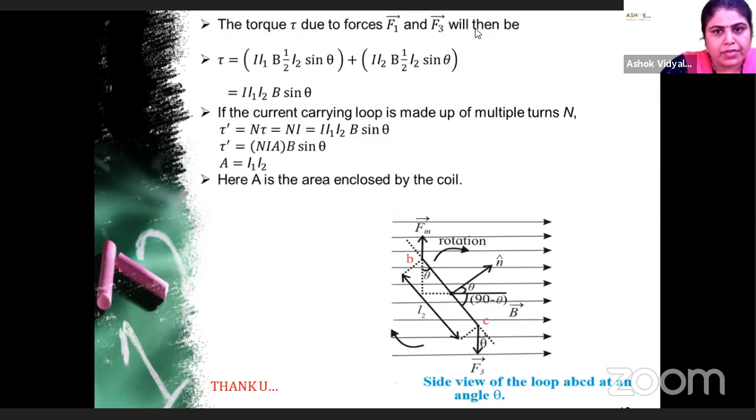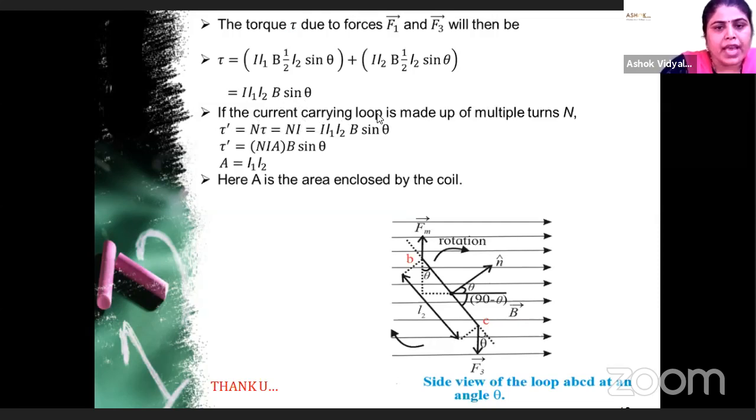F1 and F3 will then give tau equal to the contribution from F1 and from F3. Therefore I L1 B by 2, taking the half portion from here and half portion from here, times L2 by 2 sine theta, and solving this we get I L1 L2 B sine theta.